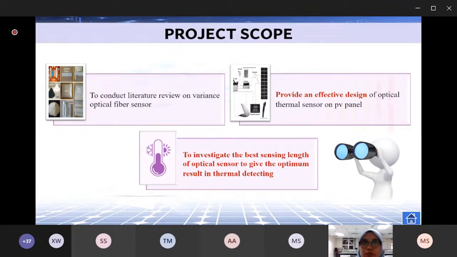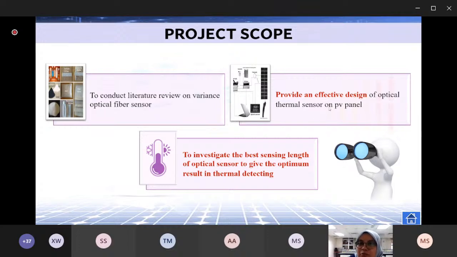Therefore, if we have good results displayed, it can be used as a sensor very well.